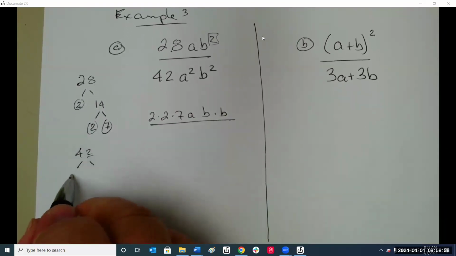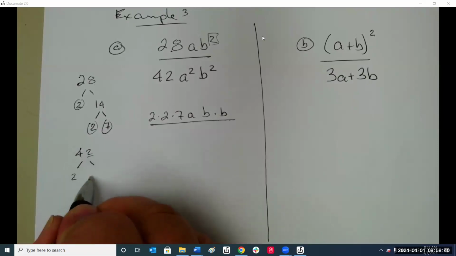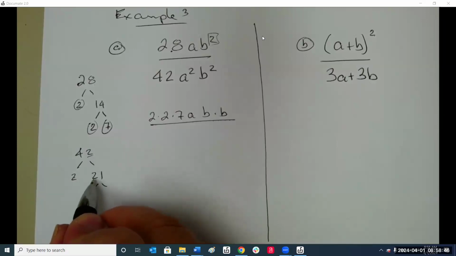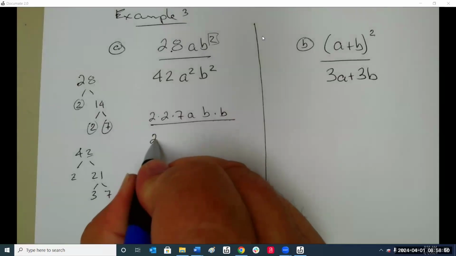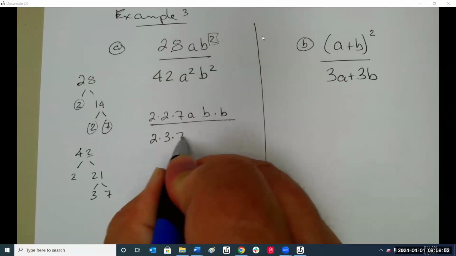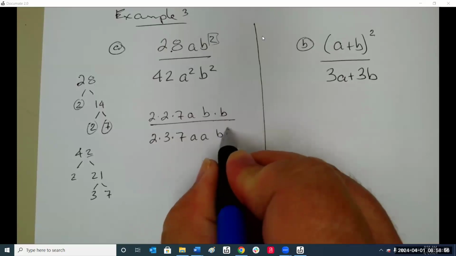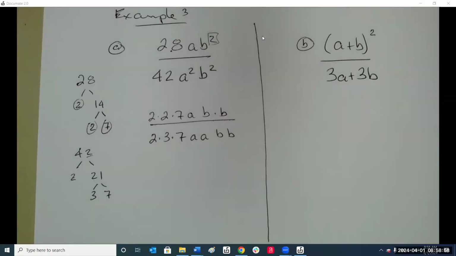42 ends in an even number. 2 goes into 4 twice, 2 goes into 1 once. 21 is made up of 3 times 7. There are 2 A's and 2 B's.